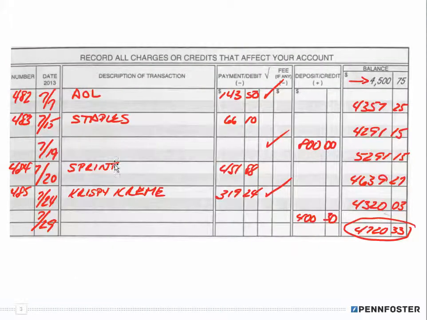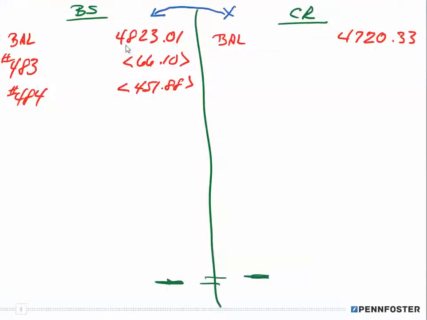So since I'm looking at my check register, I don't see any further deductions. Okay, so I'm going to create a subtotal here, and I take my 4,823.01, and I subtract the 66.10, and I subtract the 451.88, and I get a subtotal of 4,305.03.